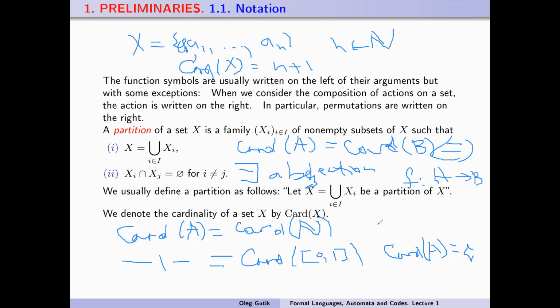In this case, the cardinality of the set of non-negative integers is equal to aleph null, aleph 0, or omega 0. So when X is finite, the cardinality is the number of its elements. Good.